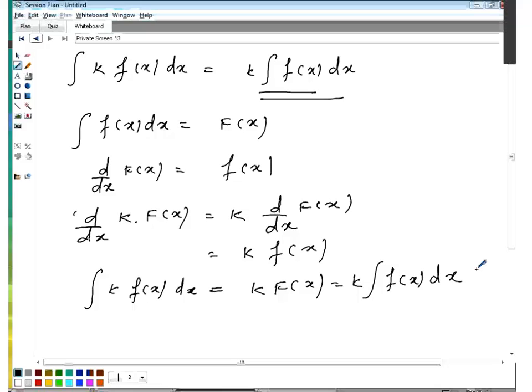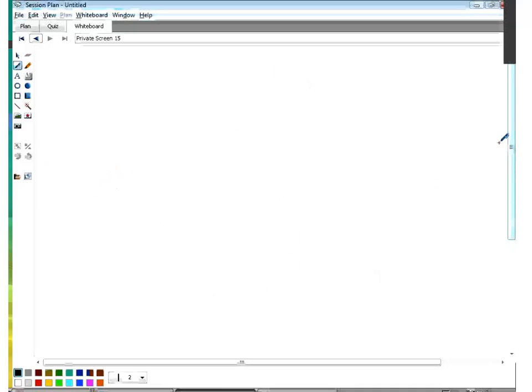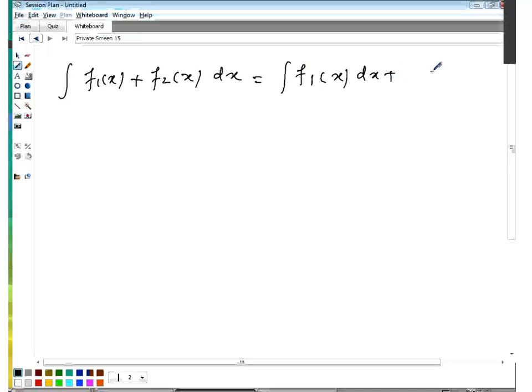Alright. Here comes the next theorem. Integral of sum of functions. In fact, sum or minus. If you do, then it splits like this.